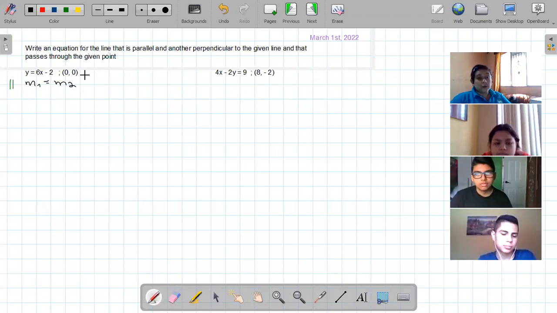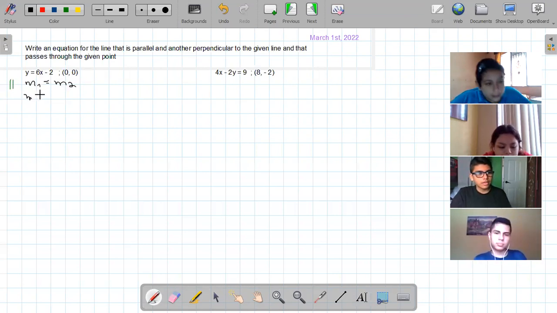So I can find out M1 because this is going to be equation 1. Okay, let's try to write it pretty. M1. What is the slope for this equation? 6. Very good.